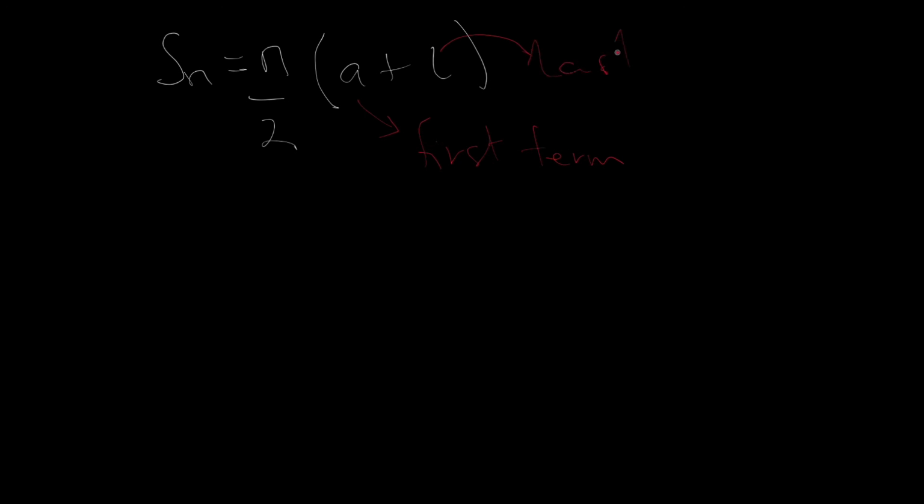We have a formula for finding the sum of an arithmetic progression, and it's Sn is equal to n over 2 into bracket a plus l, where a is our first term, and we already know our first term, and l is our last term. So we know our last term as well, but what we don't know is our n. n is our number of terms.